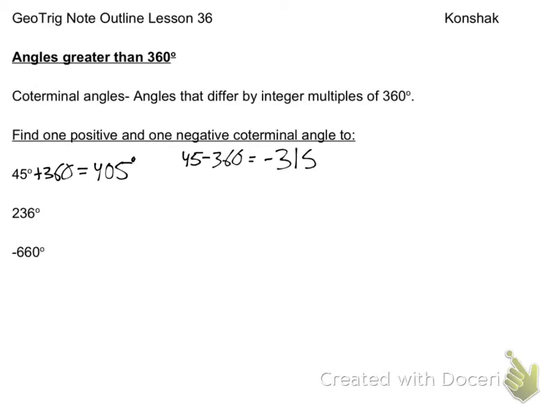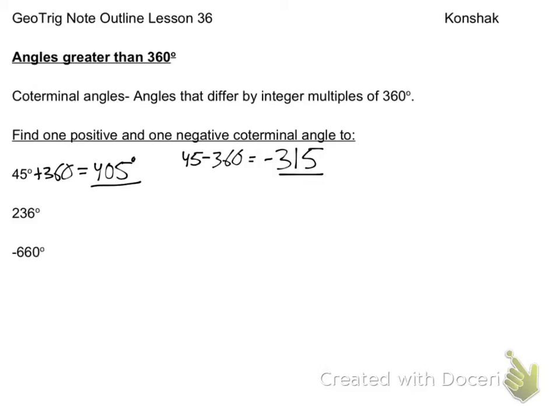Negative 315. There's a positive and a negative coterminal angle to 45 degrees. Both of those, if I turn 405 degrees or negative 315, I would end up at 45 degrees. That's a nice angle. We deal with those all the time, as in 45s.